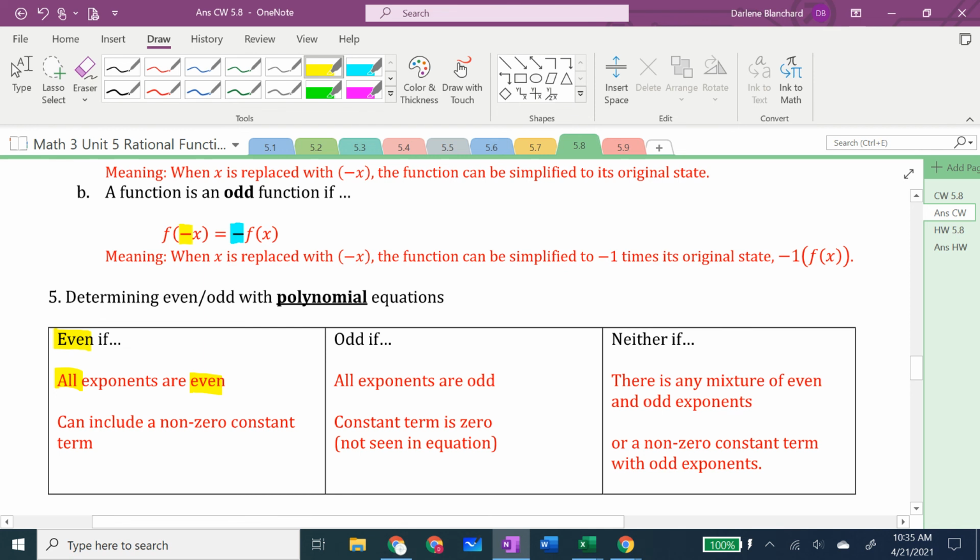However, there's something that you need to know. Let's say I have x to the fourth plus x squared. So far, that's an even function. It's symmetric to the y-axis. If I take a graph and I move it up or down, is it still symmetric about the y-axis?